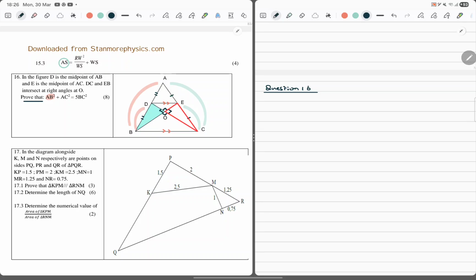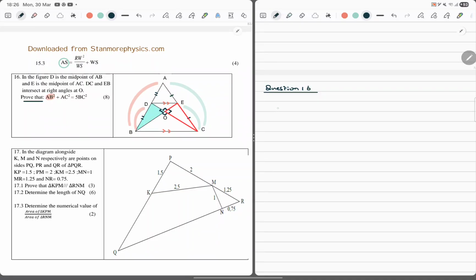Let's see. How do I begin this? Anyway, to begin this attack, I'm going to say the hypotenuse side is DB.